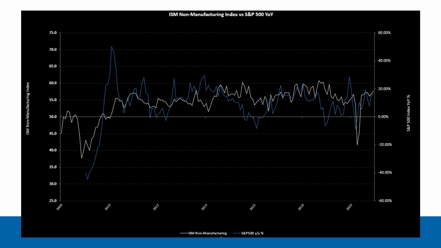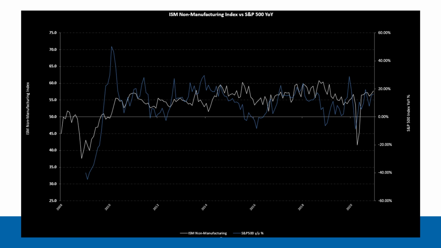If we look, for example, in the positive above 50 area for the decade between 2010 and 2020, if we look between the level of 55 and 60, so 60 being the historical peak level of the NMI, this is generally associated with obviously positive stock market performance, but in terms of percentage return, it's generally associated with between 15 and 20%.